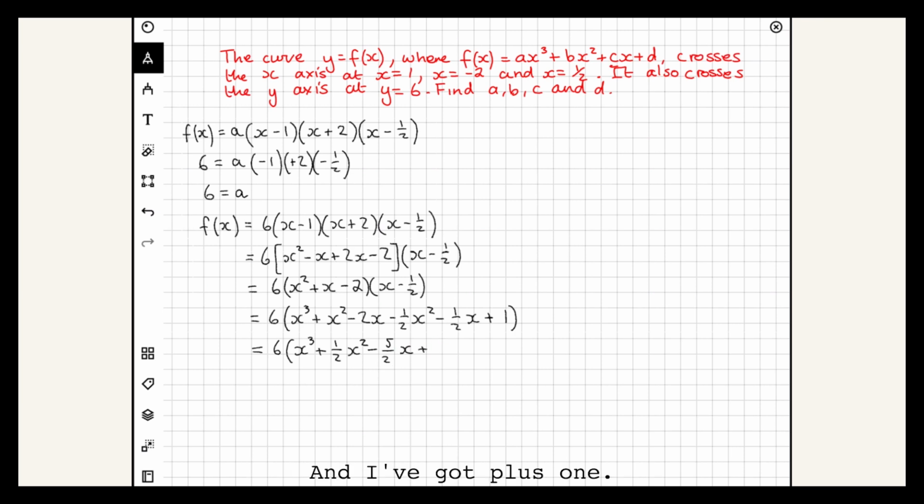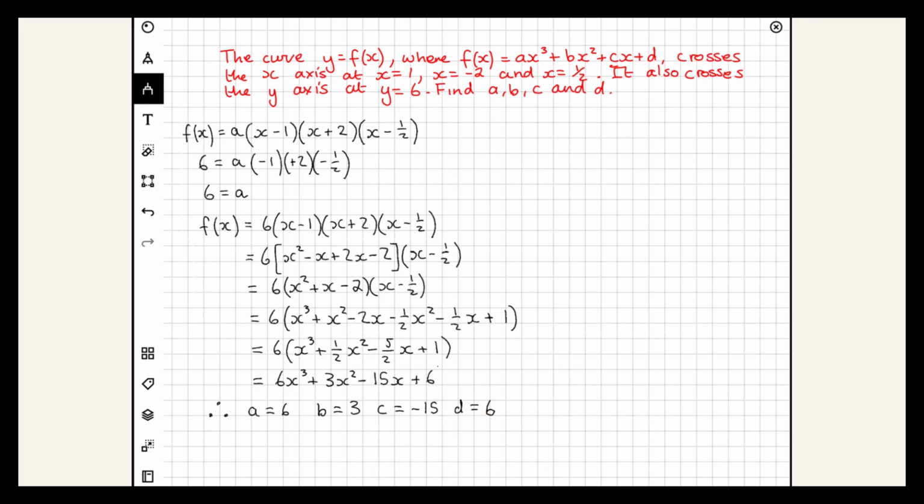And I've got plus 1. 6x cubed plus 3x squared minus 15x, so 5 over 2 times 6 is 30 over 2, which is 15, plus 6. So therefore a equals 6, b equals 3, c equals minus 15, and d equals 6. Okay.